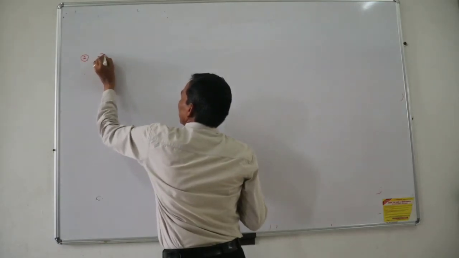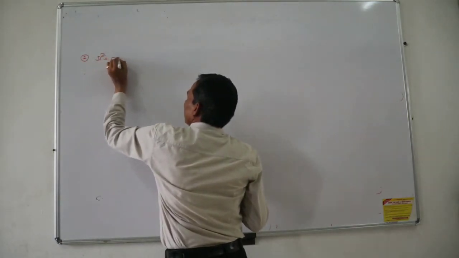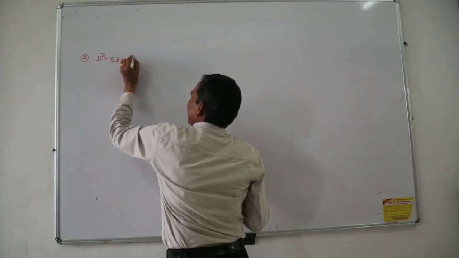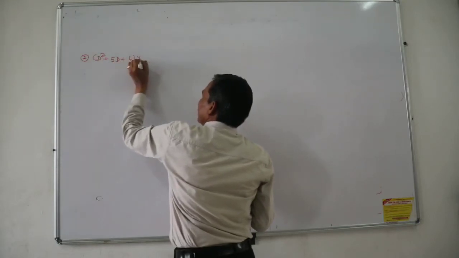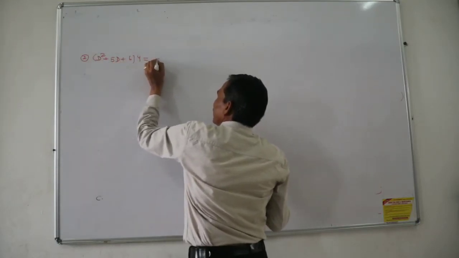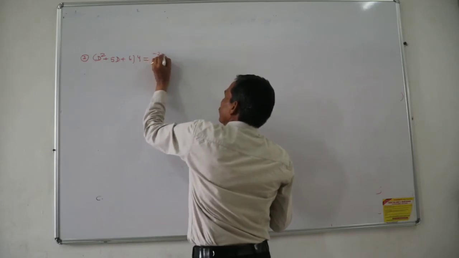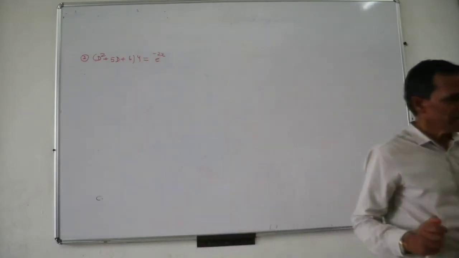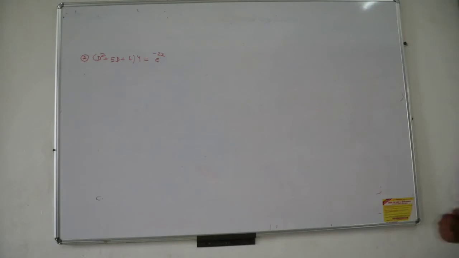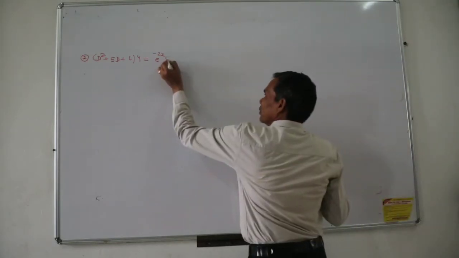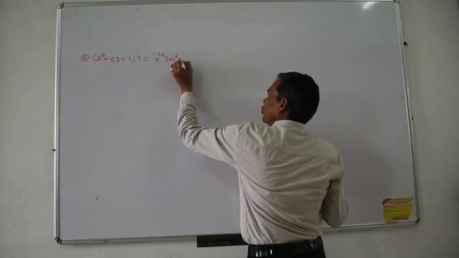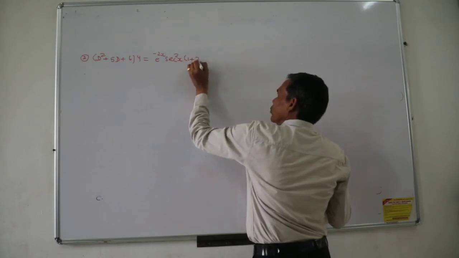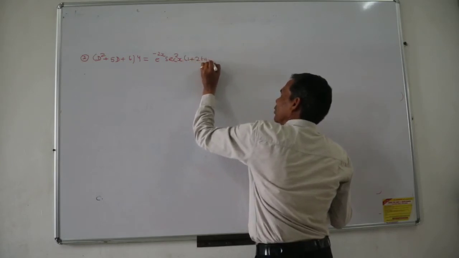D square plus 5D plus 6 into y is equal to e raised to minus 2x, sec square x into 1 plus 2 tan x.